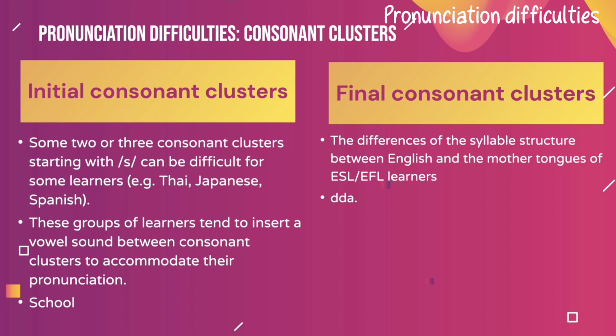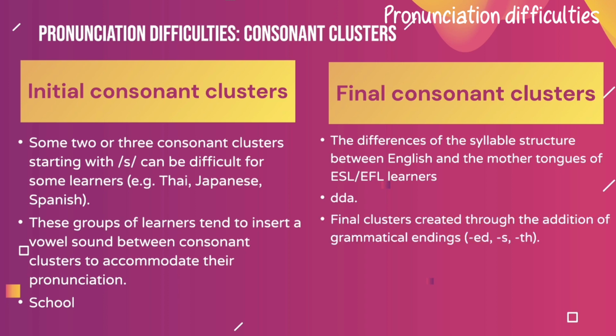So what I would like to mean in the final consonant cluster is that the final sounds, like in those grammatical endings, like the ed sound, the s sound, or the th sound at the end, might be difficult for ESL and EFL learners if their mother tongue does not have these kinds of final sounds.